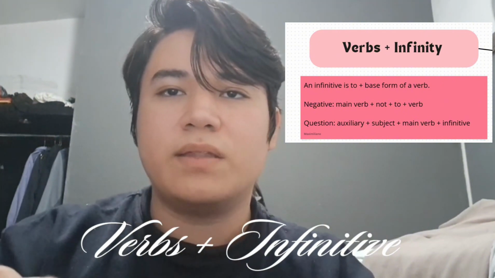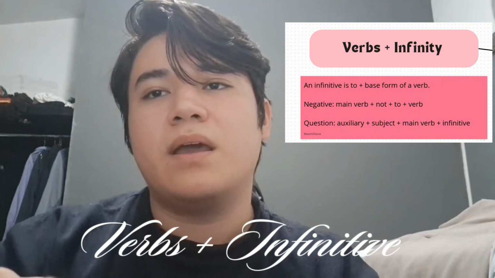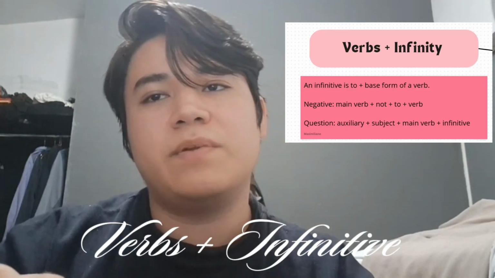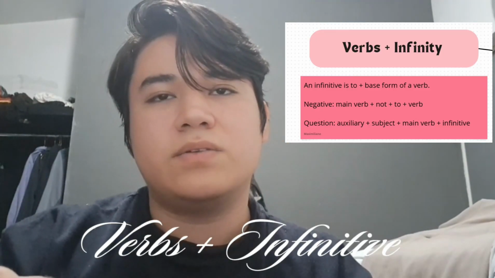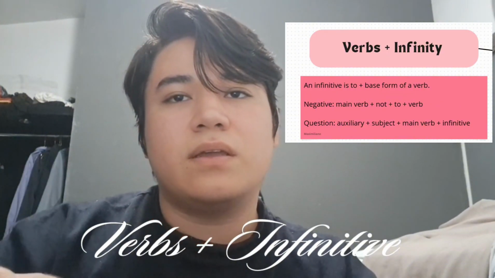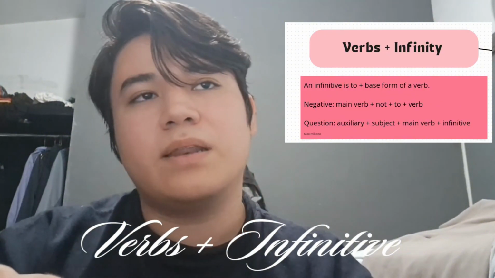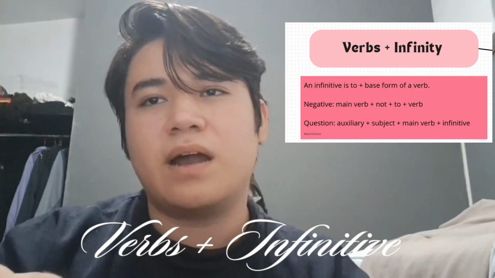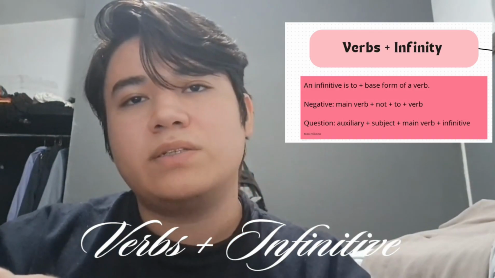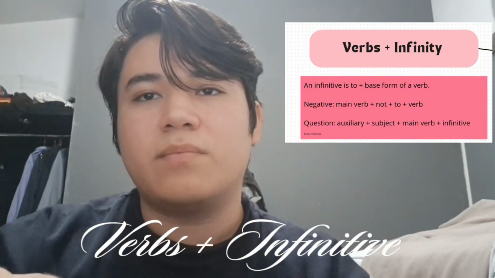The negative form: to make a negative sentence, put not after the main verb and before the infinitive. Examples: Nick agreed not to help her, or she prefers not to work in the morning. The structure is main verb plus not plus to plus verb. A question starts with an auxiliary verb like do, does, am, is, are, have, etc. Then follow the structure auxiliary plus subject plus main verb plus infinitive.